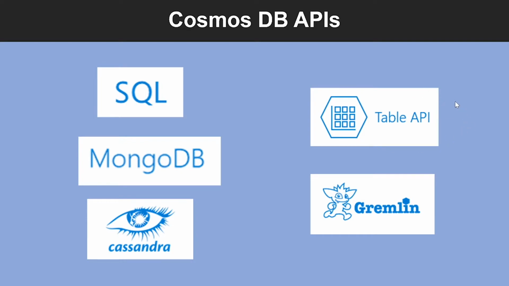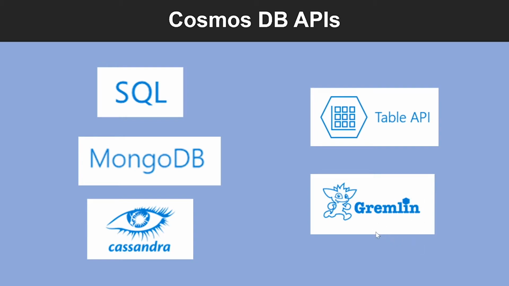The next one is the Table API. Azure Cosmos DB's Azure Table API provides support for applications that are written for Azure Table Storage that need premium capabilities like global distribution, high availability, and scalable throughput. The original Table API only allows for indexing on partition and row keys, and there are no secondary indexes.